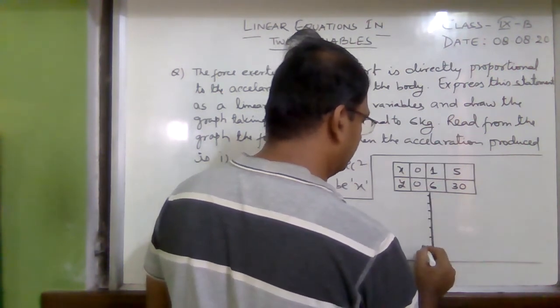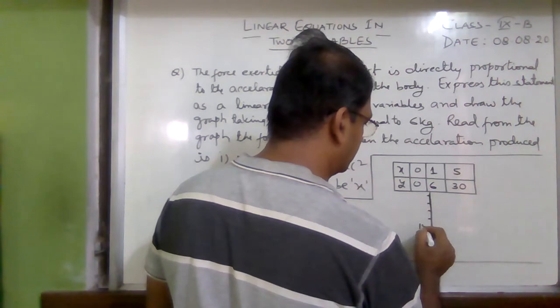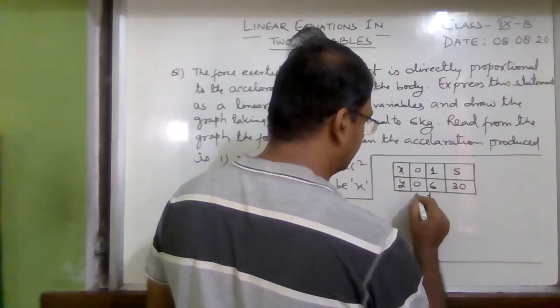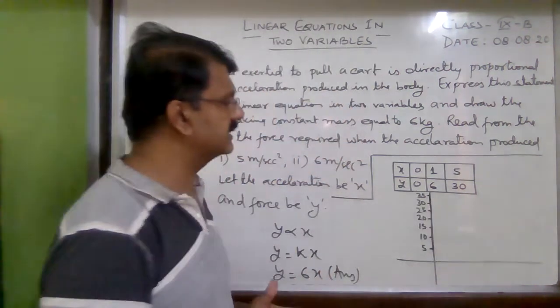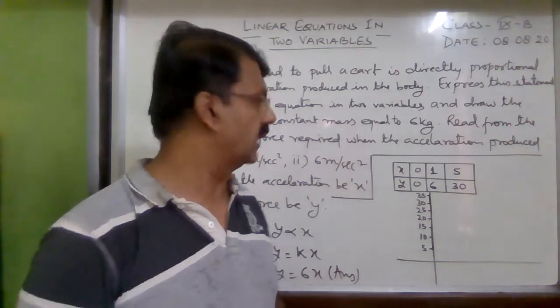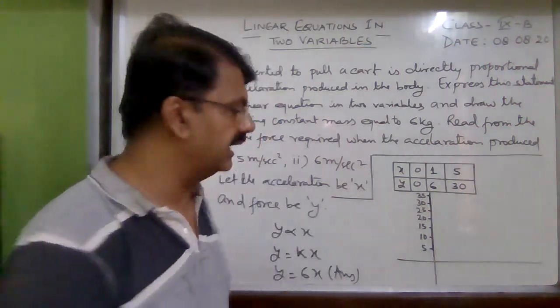This is 5, 10, 15, 20, 25, 30, 35. You have to take the scale accordingly because you can see we have to plot up to 30 in y. So that is why we have to take this scale.